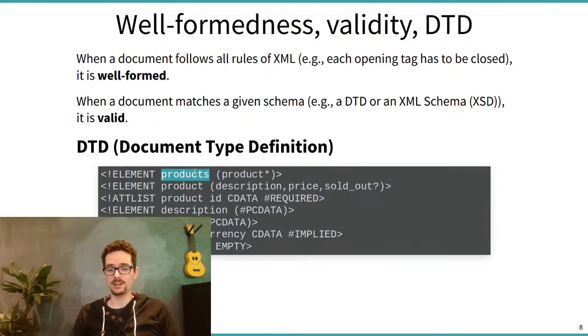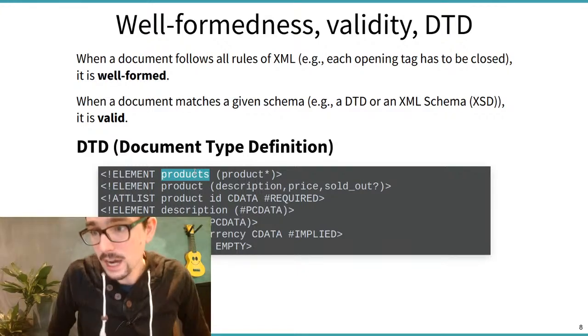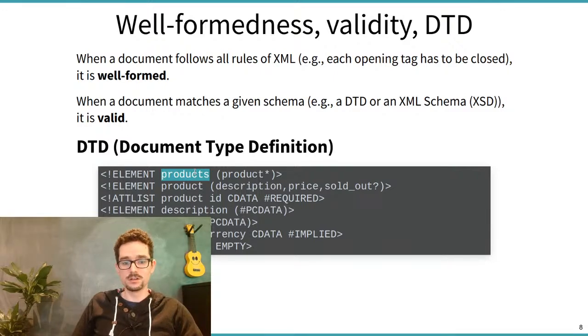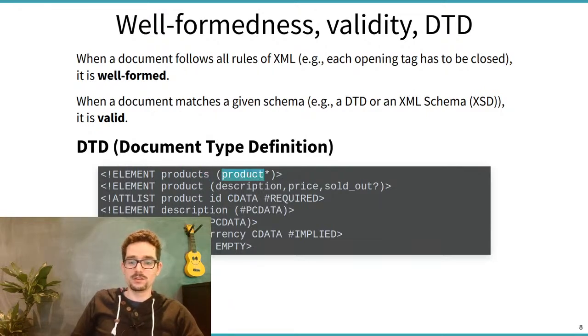You just say, when an element with that name occurs, it is allowed that it has the following structure. So whenever your document has a products element, it can contain arbitrarily many product elements as its child.